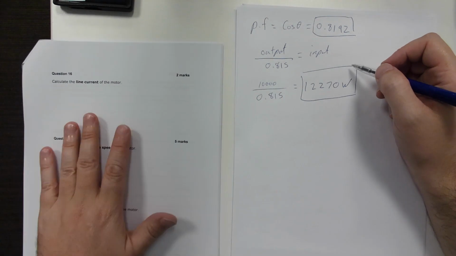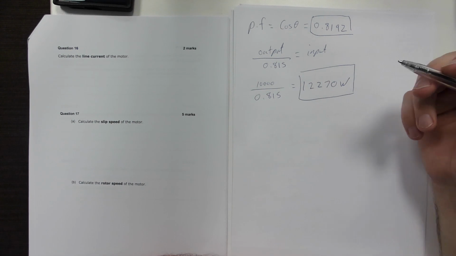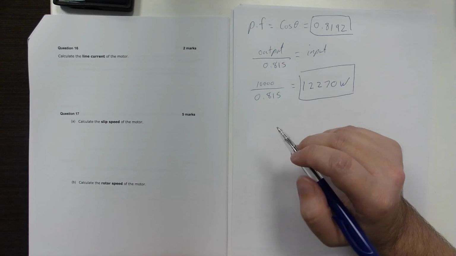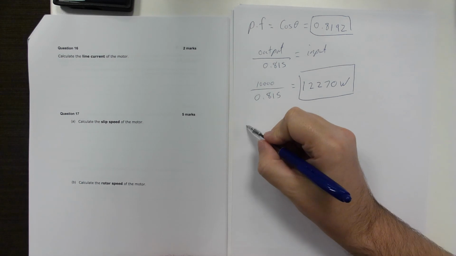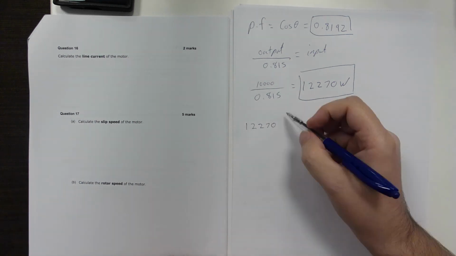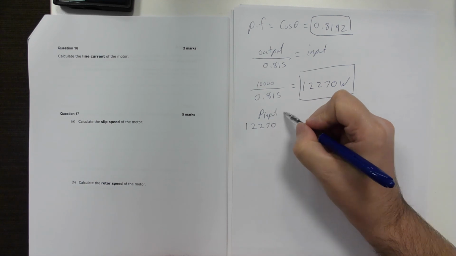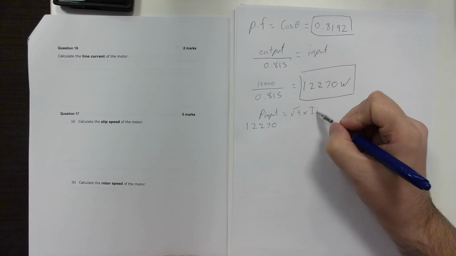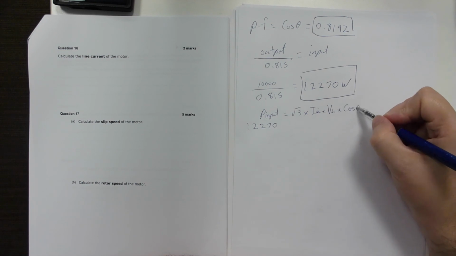Next we have calculate the line current of our motor. Now we will use our three-phase power formula, but there we'll actually have to include power factor. Let me write the formula first. P input equals root 3 times I line times V line times cos theta.